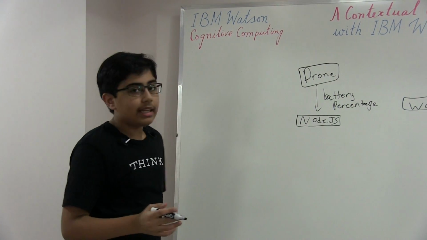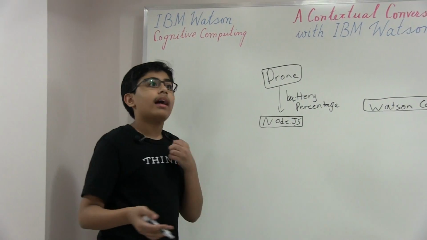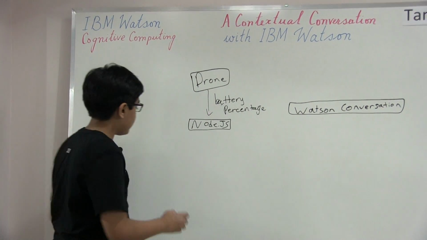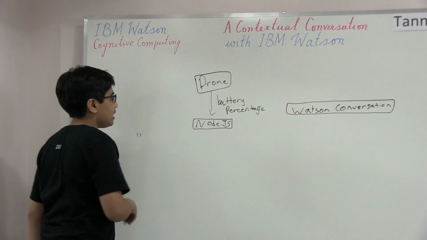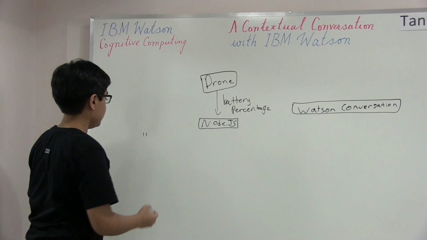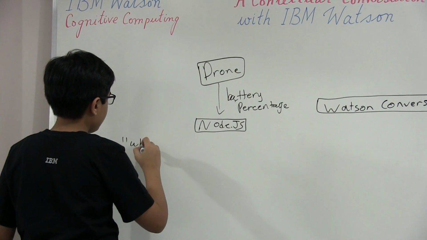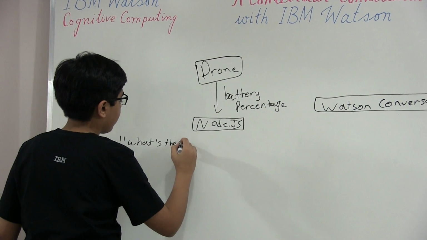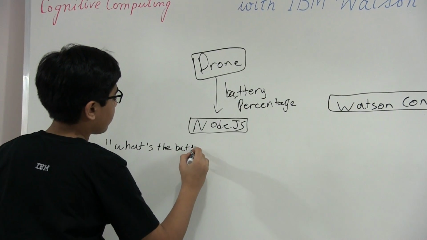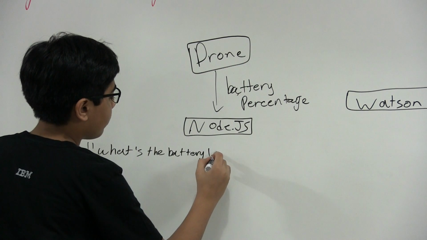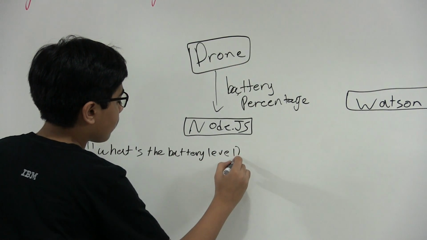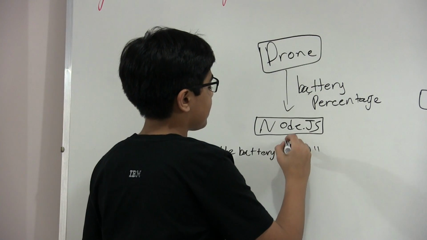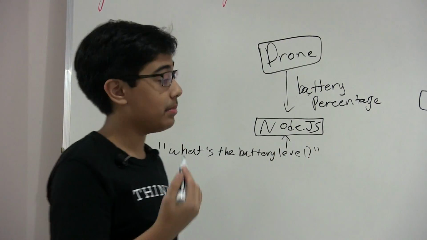And so what's happening is that, let's say the user's input to Watson conversation would be, what's the battery level? Okay. And they were to send this string to Node.js as input.